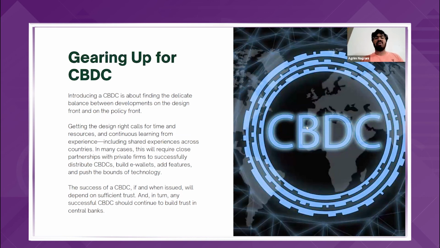So getting the particular design right for the time and resource, and continuously learning from the experiences. It can be the shared experiences, trading CBDCs on cross-border payments, merchant payments, and it can also be between intra-country or inter-country payments.